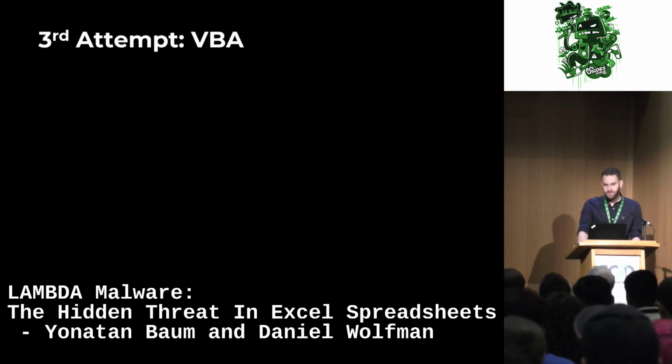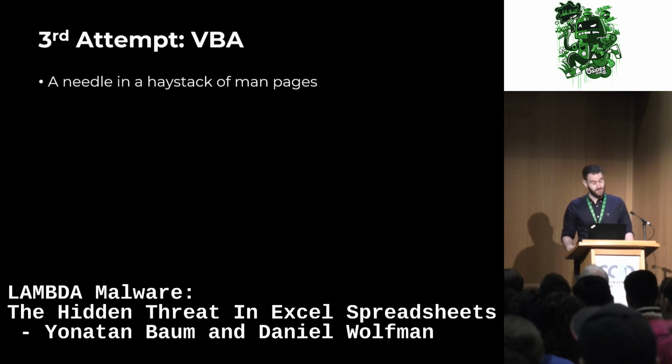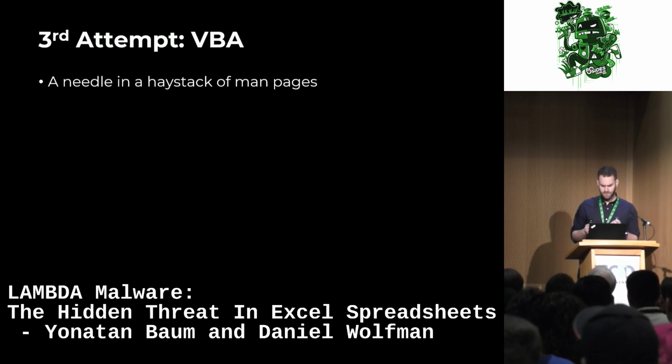Now, sometimes when you're researching, you have to look for a needle in a haystack without even knowing whether or not the needle is actually there, and I had to go through many pages of documentation looking for any possible function or property of VBA I can use for hiding my code.